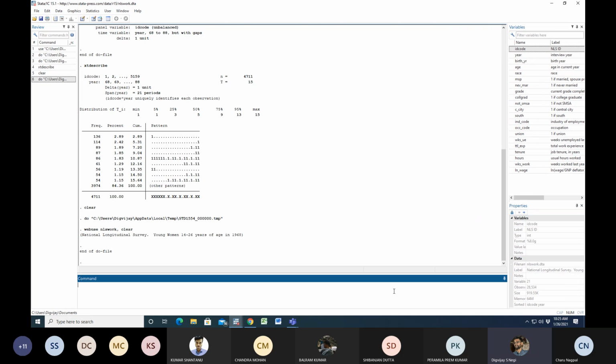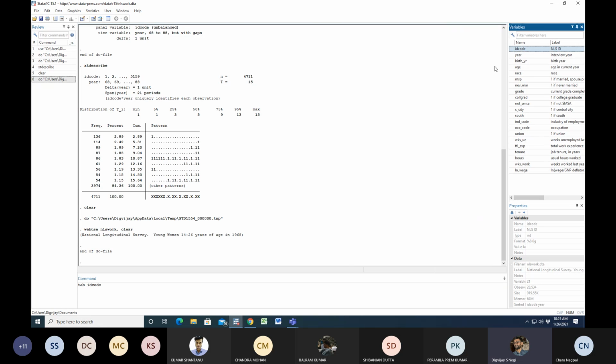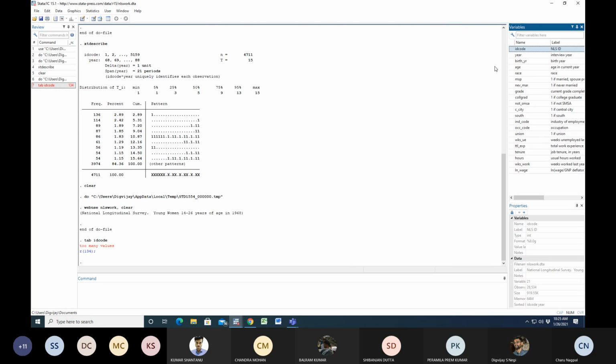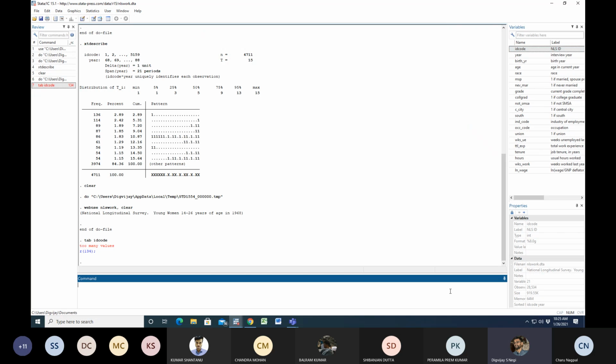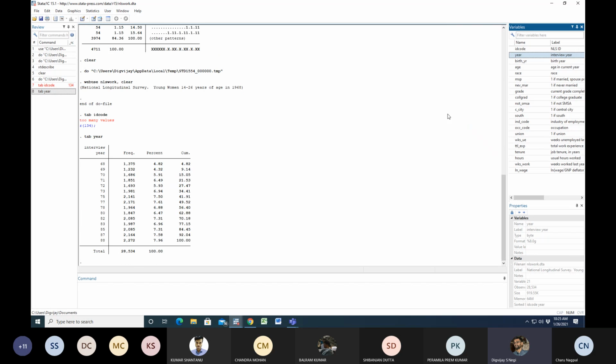You can tabulate ID code here, but it gives too many values. So tabulate year, and it gives you the distribution of years: 68, 69, 70, 71. This is an unbalanced panel, and how do I know that?